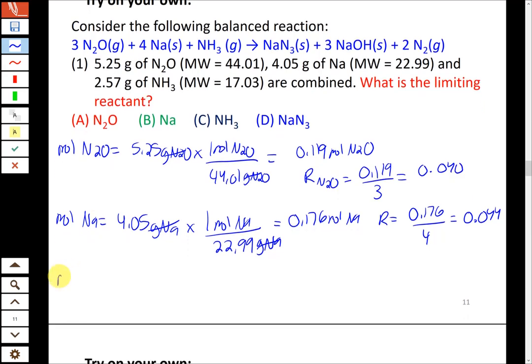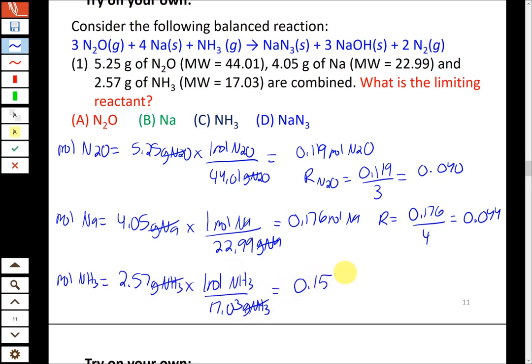And then finally for NH3, the last reactant, it's 2.57 grams, and we divide by its molar mass of 17.03, giving 0.151.